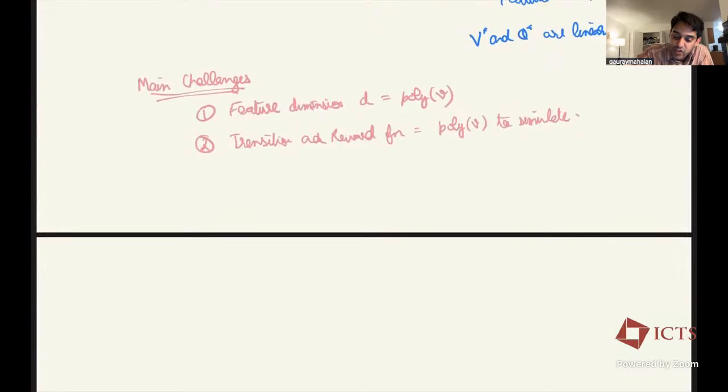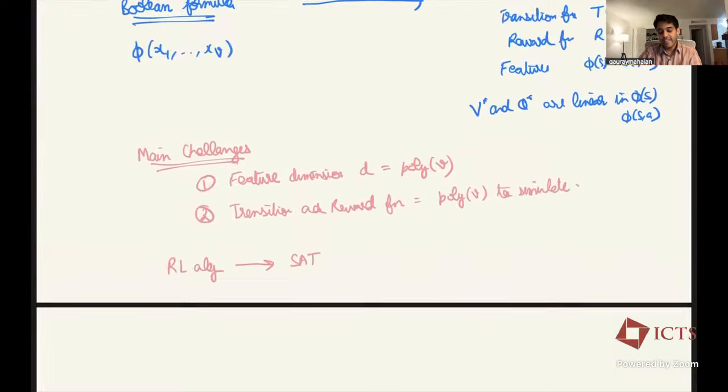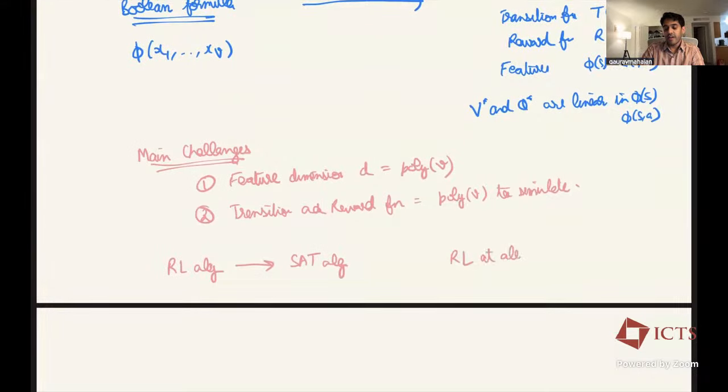Okay, and if I can do all these things, then I can take an RL algorithm and use it to solve a SAT problem, or I can turn it into a SAT algorithm. And that means that basically RL is at least as hard as SAT.